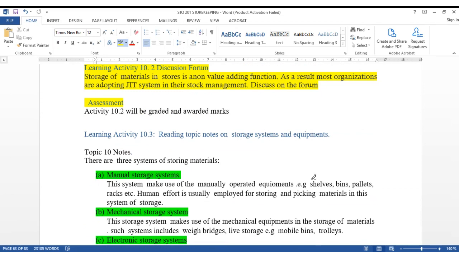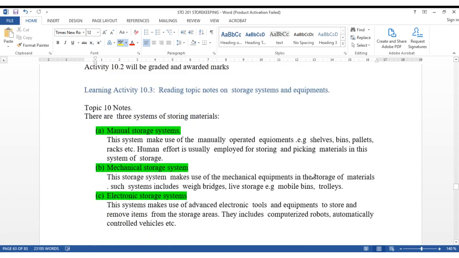The key aspect of it is the requirement of human effort in storing, picking materials, and laying them on those equipment.